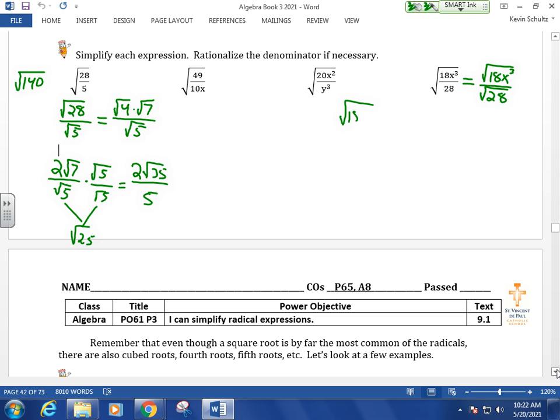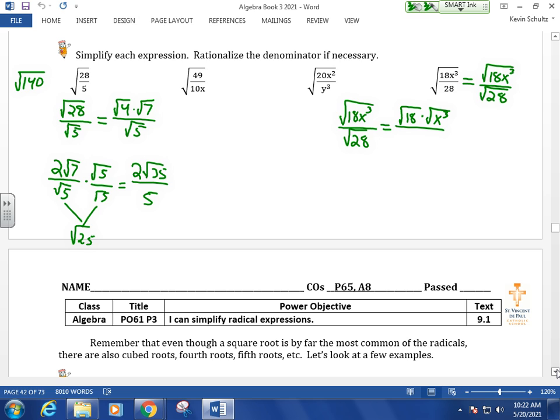So that root of 18x cubed, if you remember from previous lessons, we deal with this by splitting up our number and our variables, right? We split this up to be the root of 18 times the root of x cubed. Okay? How does the root of 18 simplify? Two factors, one a perfect square, break it down.